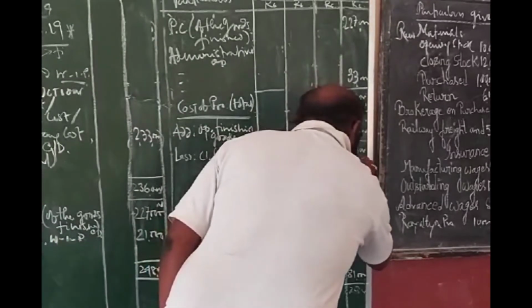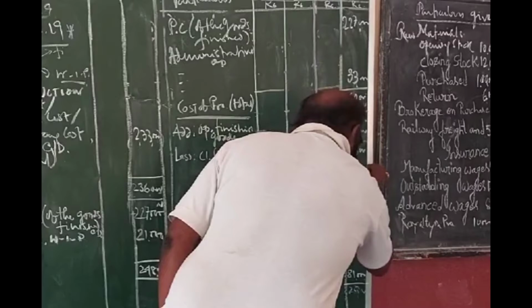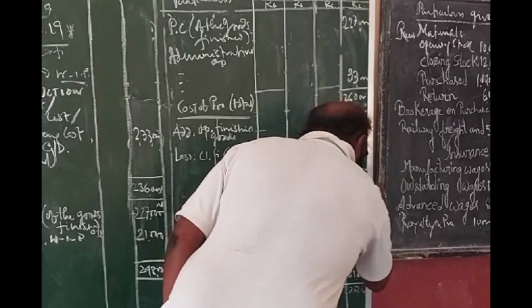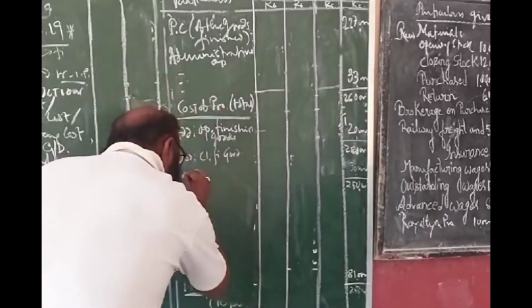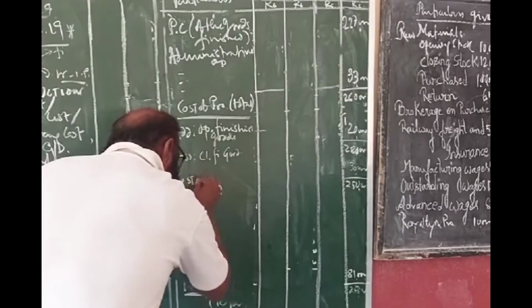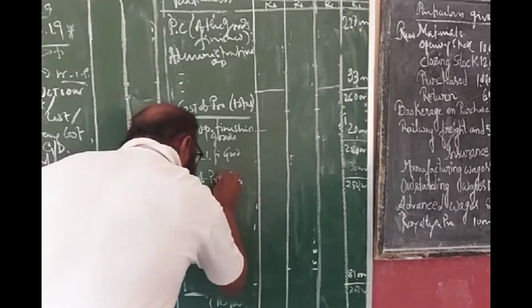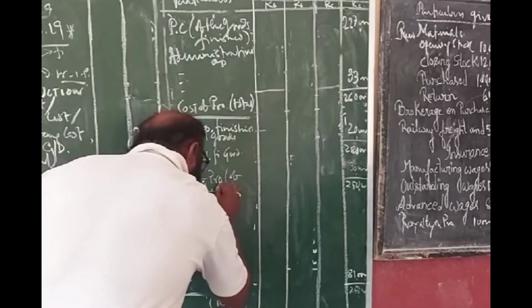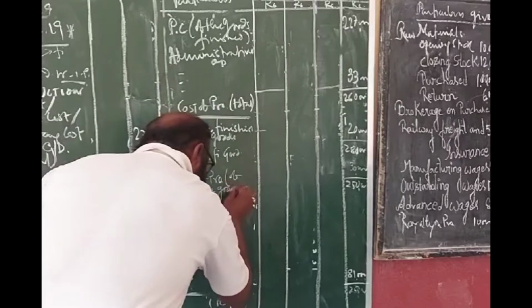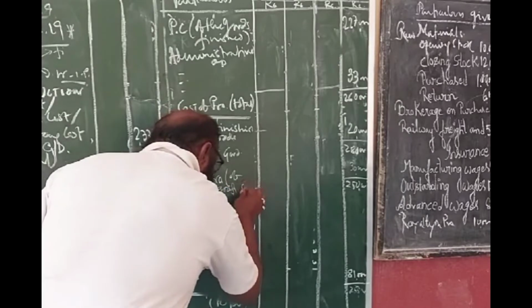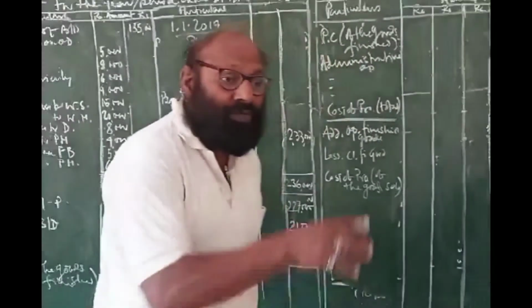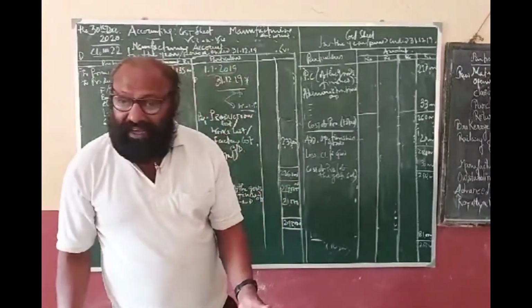Say it is 30,000. So what we are getting? We are getting the cost of production of the goods sold. So this is the amount of goods which you have sold.